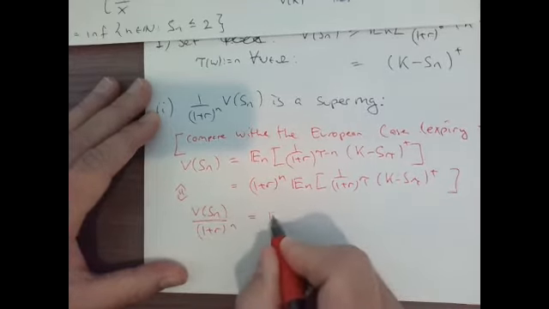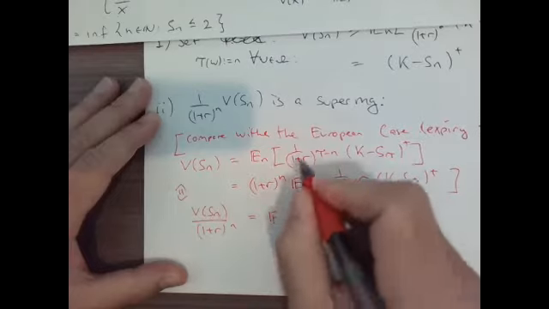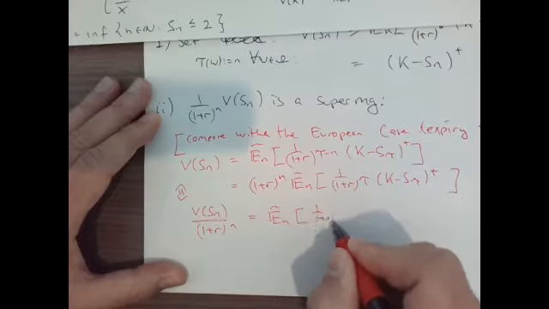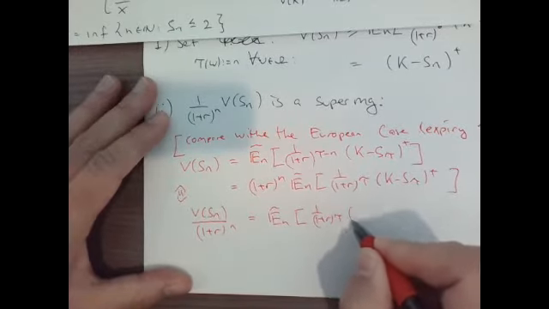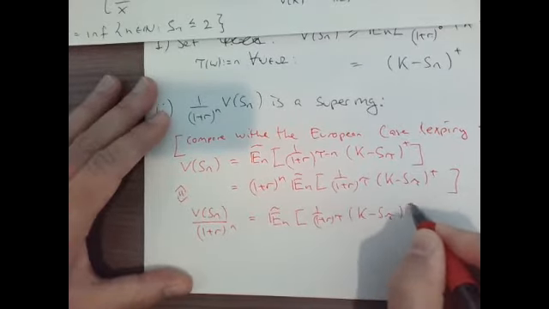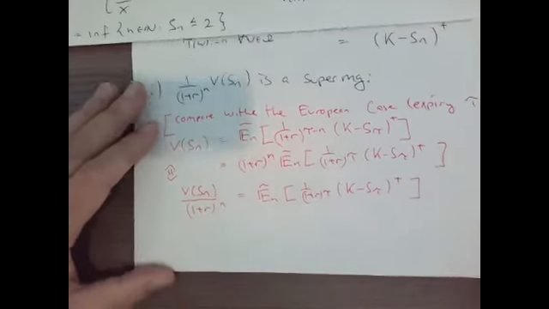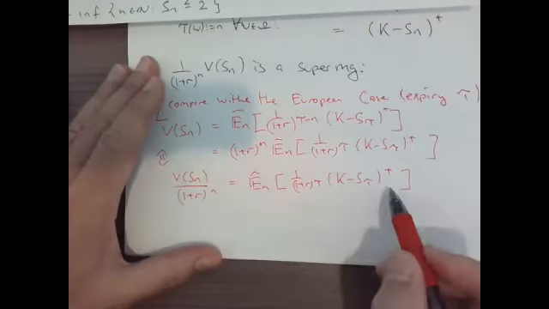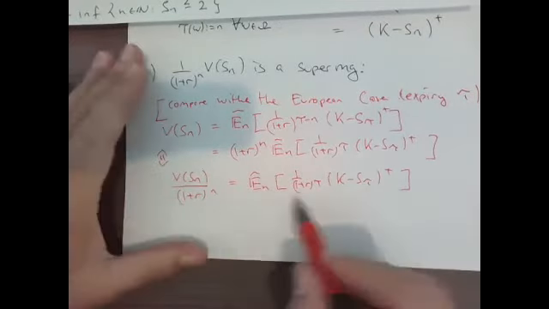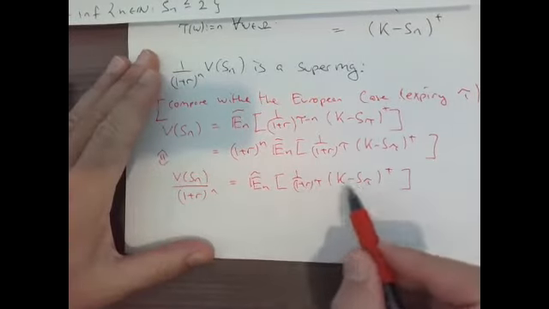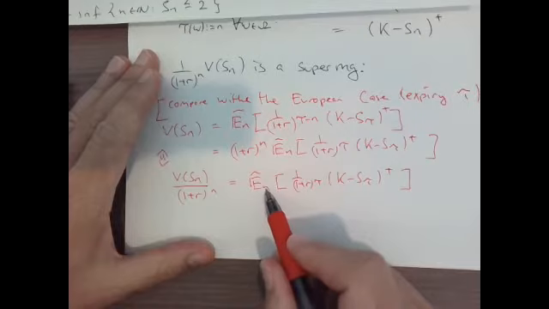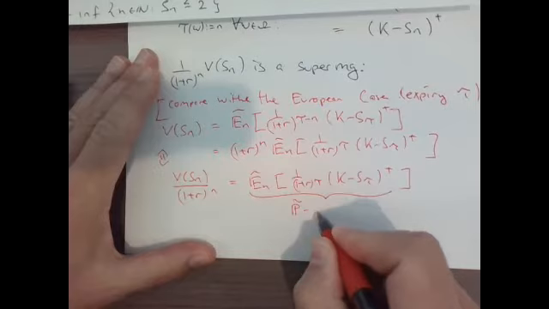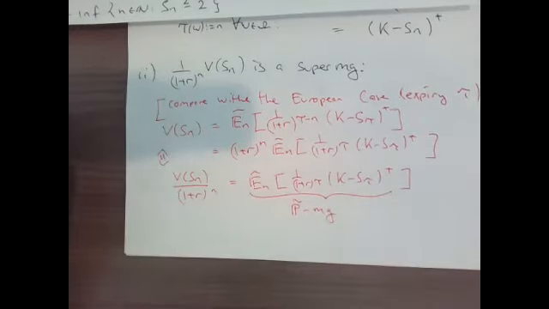This is going to be equal to En, I should have tildes everywhere here, 1 over 1 plus r to the power tau, k minus s tau. And what we have here on the right-hand side is a conditional expectation of a random variable that doesn't depend upon n. So this quantity here is a P tilde martingale.